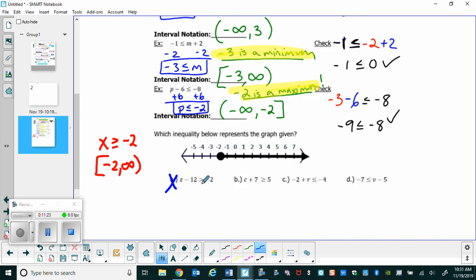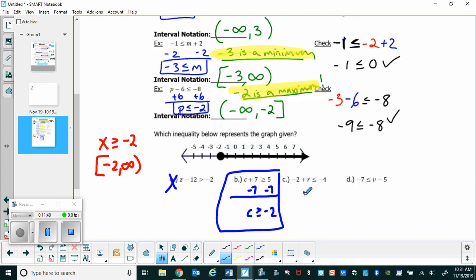It would not get colored in. All right, now here, if I solve for B by subtracting 7 and subtracting 7, we get that c would be greater than or equal to negative 2. That already is going to be our answer. Now, real quick, I just want to point out here that when you solve for C, you're going to get r is less than or equal to negative 2, which means that would get shaded the other way.